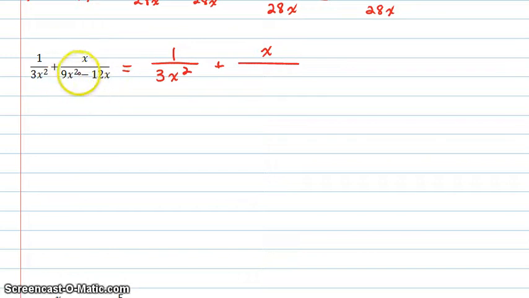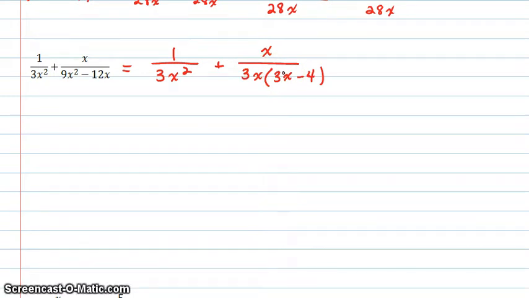Well, both 9x squared and 12x have a common factor of 3x. So I'm going to bring that out front and then rewrite 3x, because 3x times 3x gives me 9x squared, and then minus 4, because 3x times negative 4 gives me negative 12x. So I've now written everything in factored form.